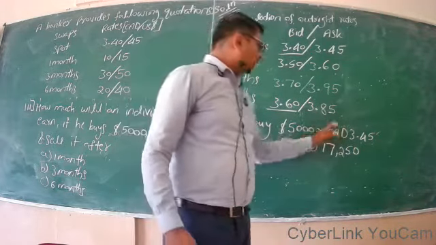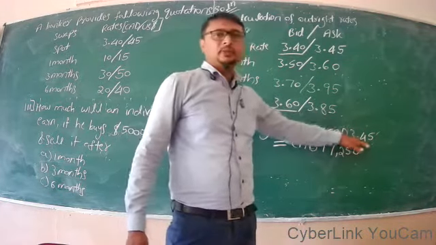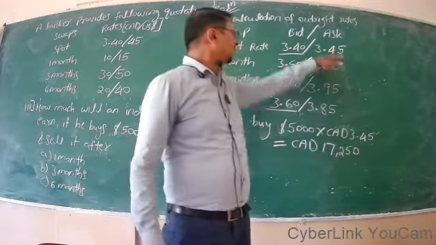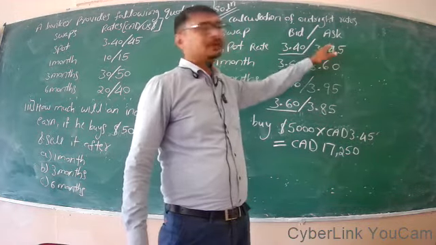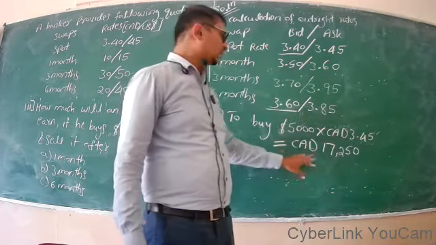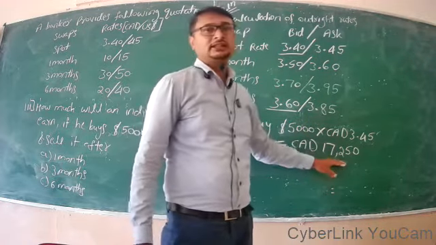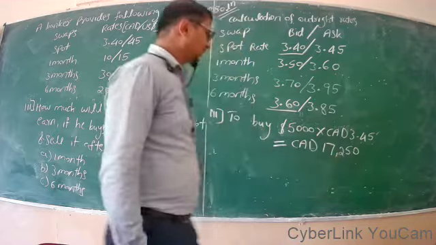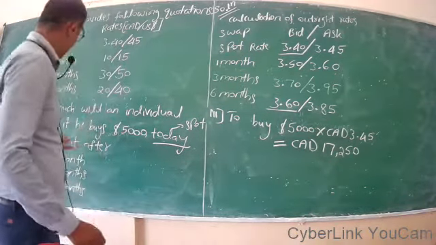To buy 1 US dollar, he has to pay 3.45 Canadian dollar. That is the ask price, that is the selling price of the banker. Now, to buy entire 5,000 US dollar, he has to pay Canadian dollar 17,250. Now, coming back to the second part of the question.